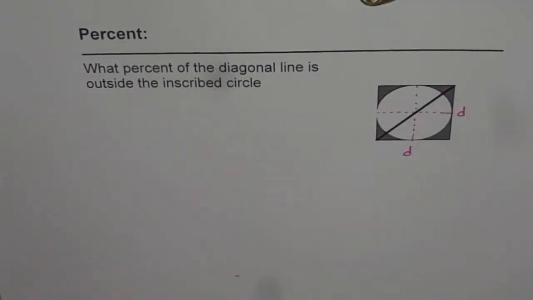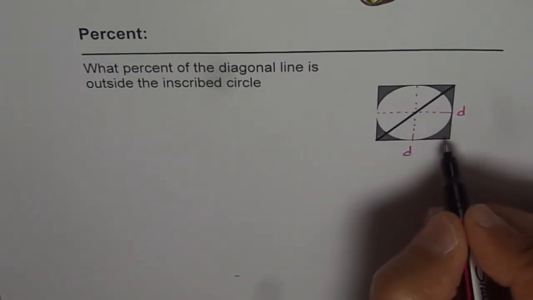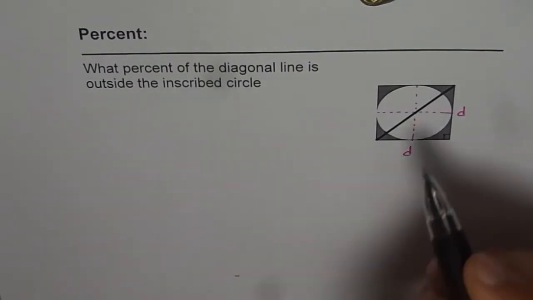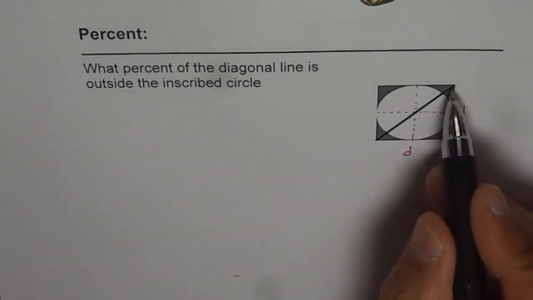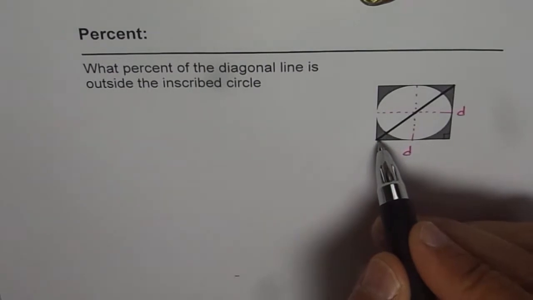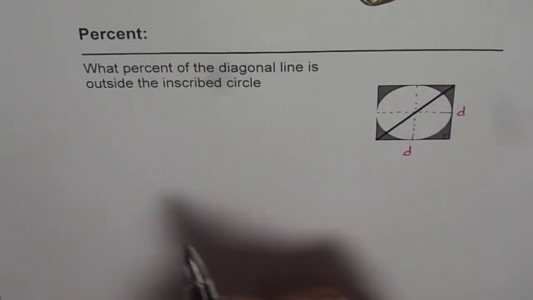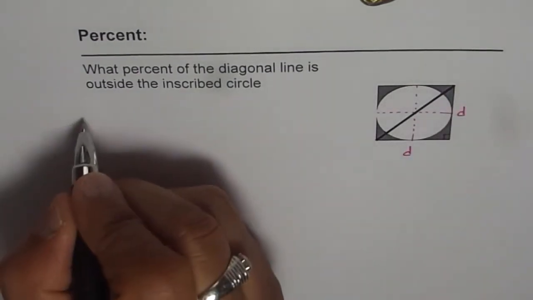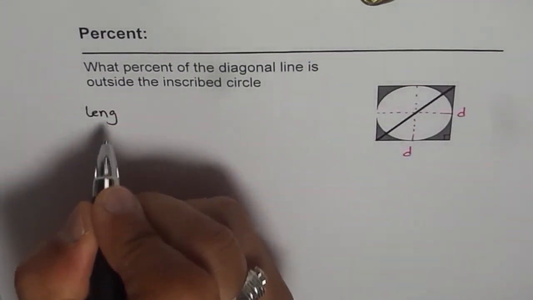What is the length of the diagonal? To find it, we can use the Pythagorean theorem. We know this is a square, so these are at right angles. So we have a right angle triangle here whose sides are d and d. Let's find the length of the hypotenuse.